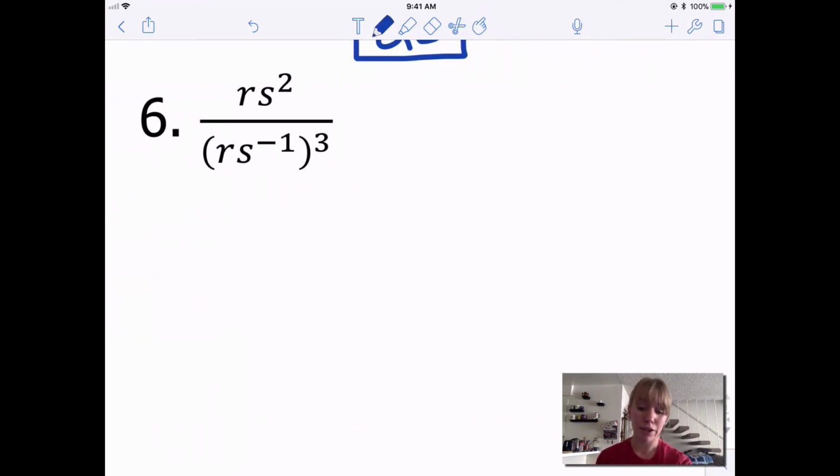Number 6, my numerator so far looks like there's nothing to simplify because my r and my s are different variables. So r and s squared, but in the denominator I have parentheses and I've got an exponent. So I've got to take that exponent and apply it to everything inside those parentheses.